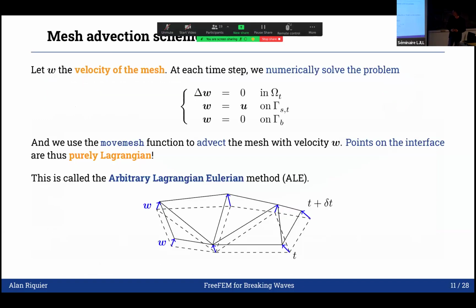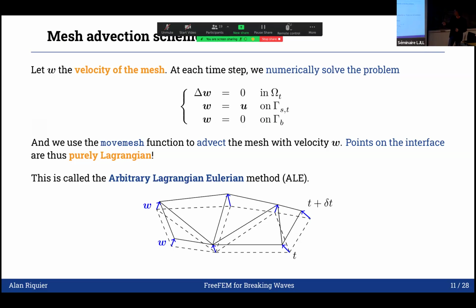The mesh advection: since I want the interface particles to move with the fluid, but at the same time, I don't want the bottom particles to move at all, I use what's called the arbitrary Lagrangian Eulerian method, ALE. The idea is to solve this Laplace problem at each time iteration.